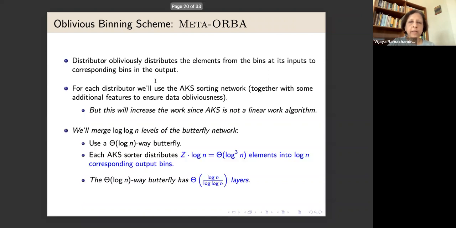To account for this, we won't use the exact butterfly. Instead, we'll merge log n levels of the butterfly, and then we would only have log n over log log n levels. And then we can, in fact, use an AKS sorter because across all the sorters in a level, we'll only spend n log n work. And with log n over log log n layers, we will get an n log n method.